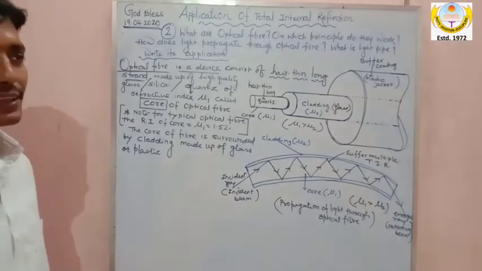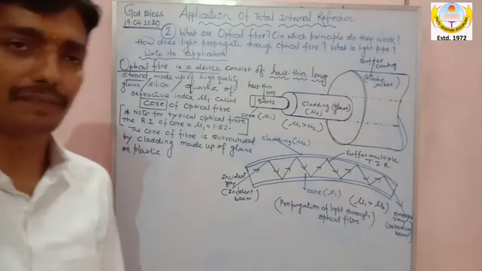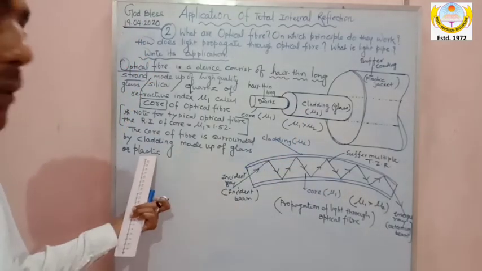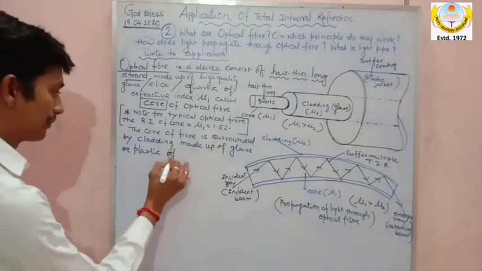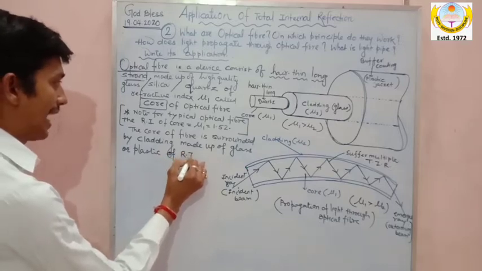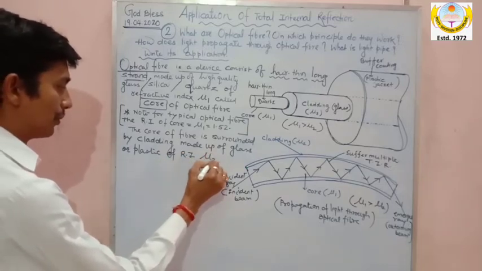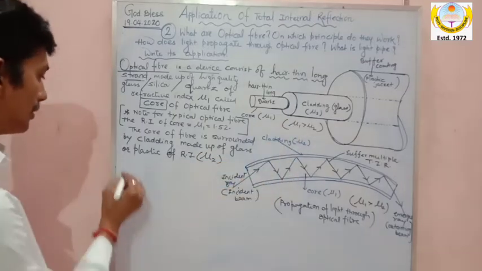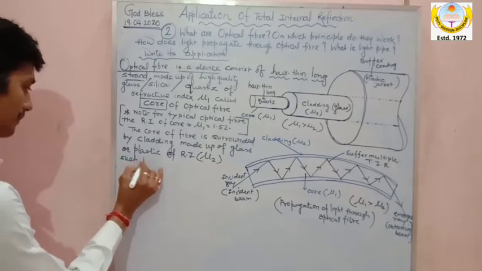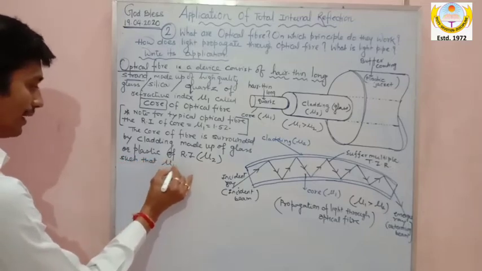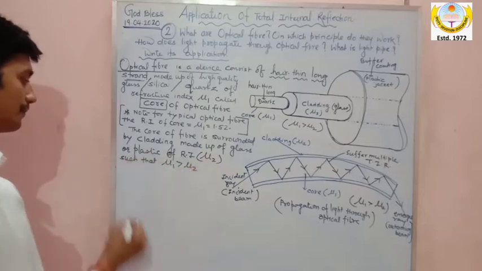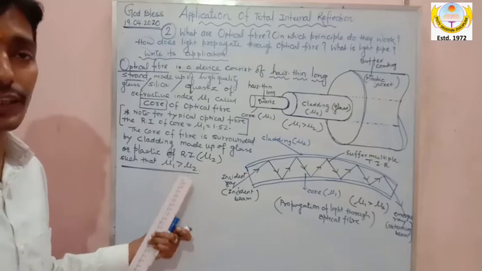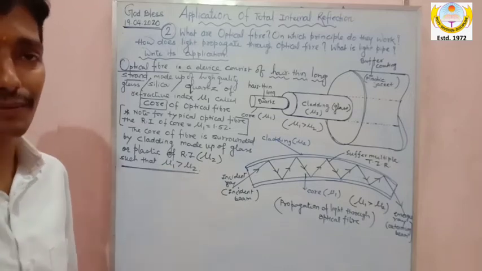This cladding is either made up of glass or plastic of refractive index Ri mu 2, such that mu 1 is greater than mu 2. That is, the Ri of the core is more than the Ri of the cladding.